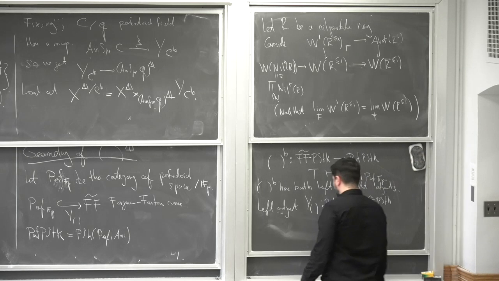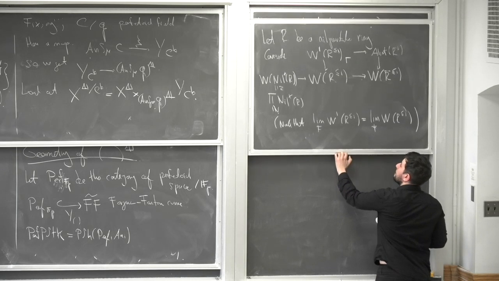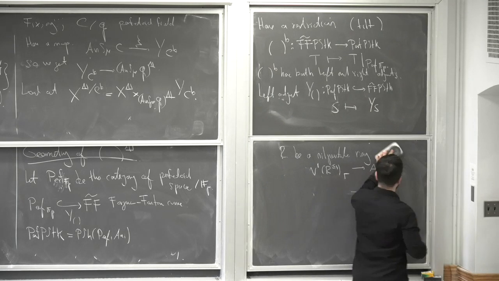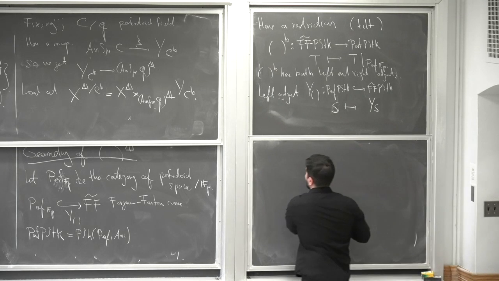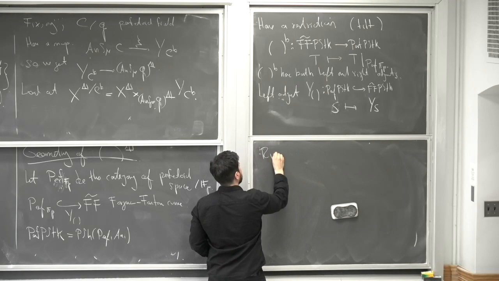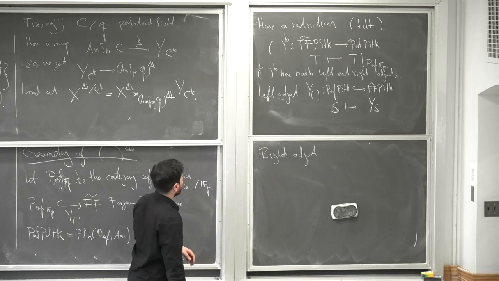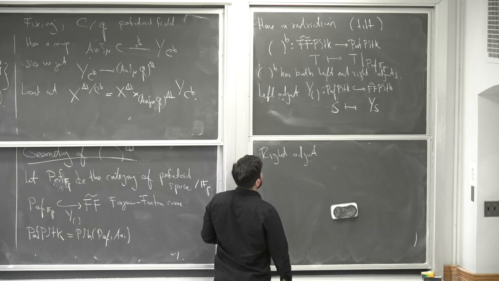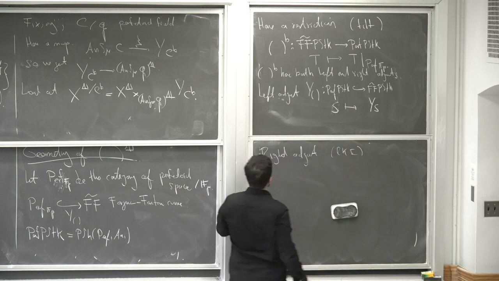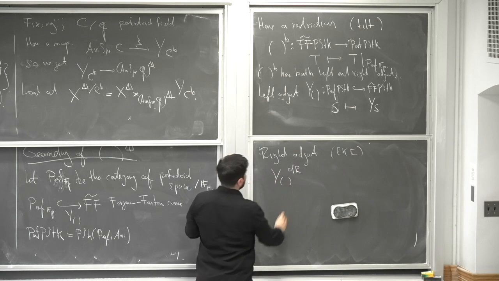And it also has a right adjoint. The right adjoint, I'm going to call it the extension, and it is some sort of RAM stack here.